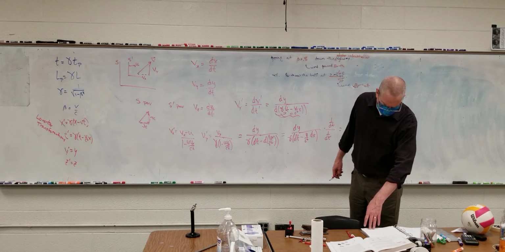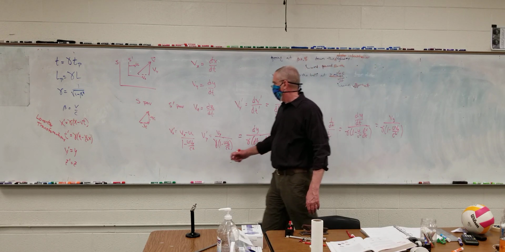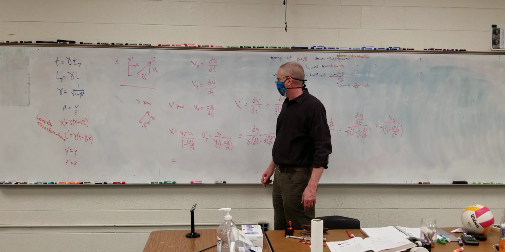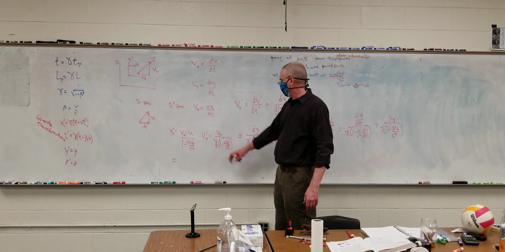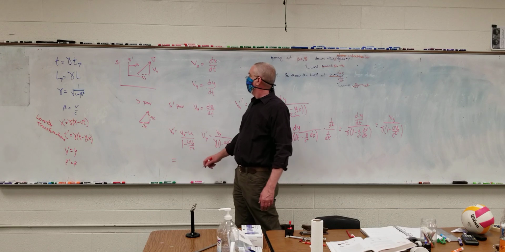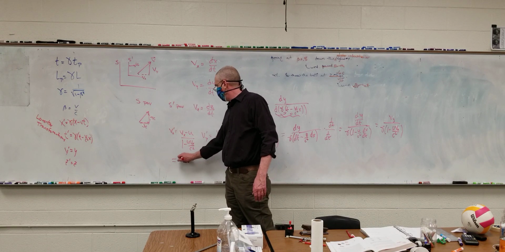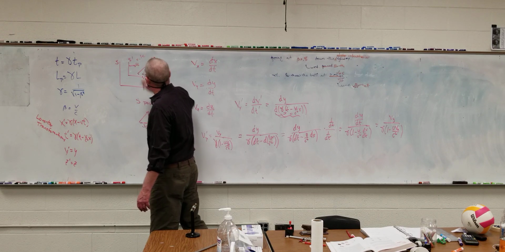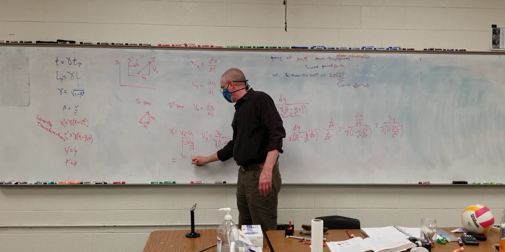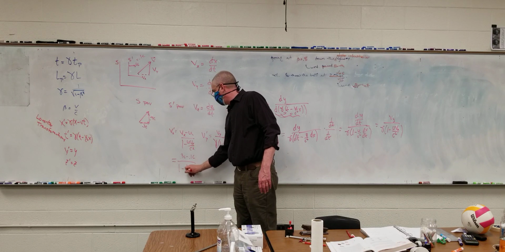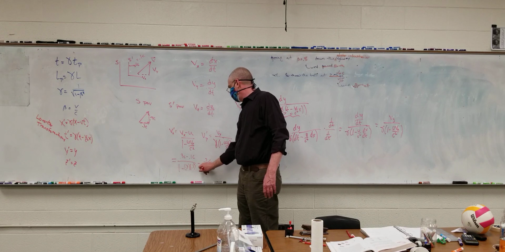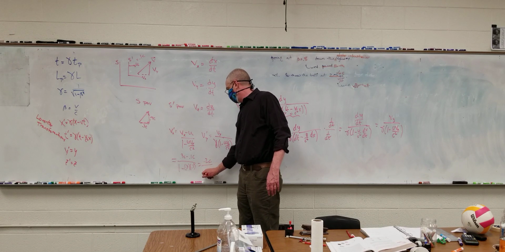I do want the gamma there. Yeah, I think I need to be more specific on u, because that gamma is going to mess us up. So this would be 0.3c minus, let's make this 0.1c, minus 0.1c, divided by 1 minus 0.3 times 0.1, which is 0.2c over 0.97.